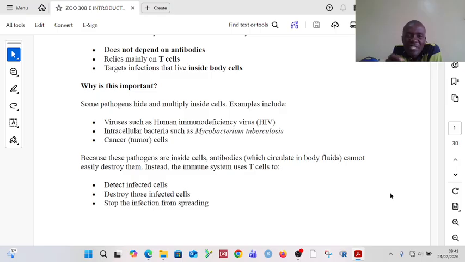Therefore these antibodies cannot destroy the pathogens that are living and multiplying inside our cells.